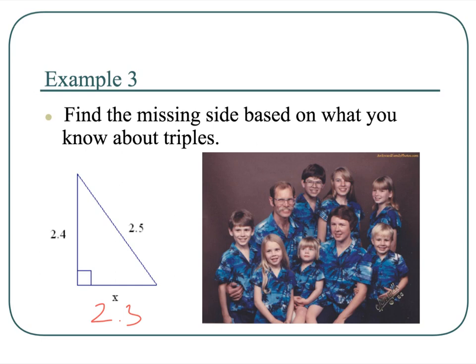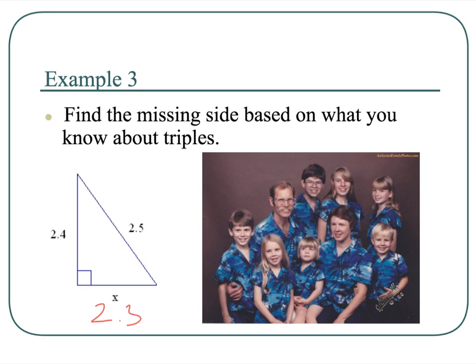However, you can't just add the same thing to everybody. Okay? You can't just add. What you have to do is it has to be a common multiple. If you were to put this into the Pythagorean theorem, this would not work. Okay? If you did 2.3 squared plus 2.4 squared, it would not equal 2.5 squared.